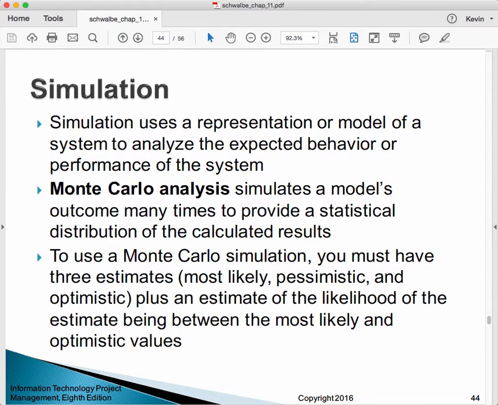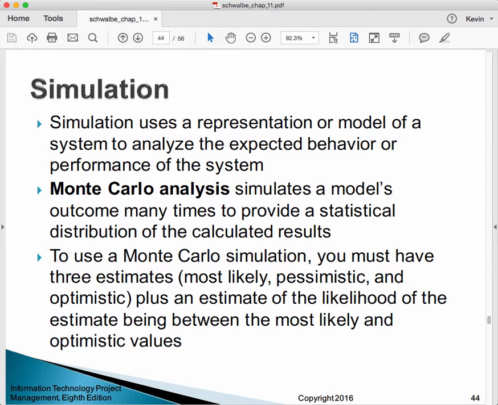Or if things are more complex than this, okay, if you can't break your probabilities up into a few groups that can be used in a decision tree, you can create a mathematical model with a simulation tool using Monte Carlo analysis.